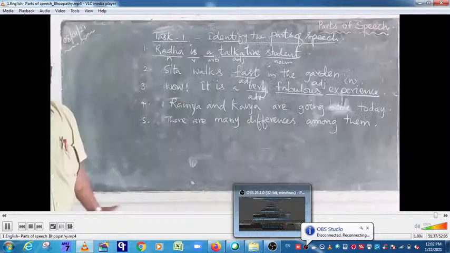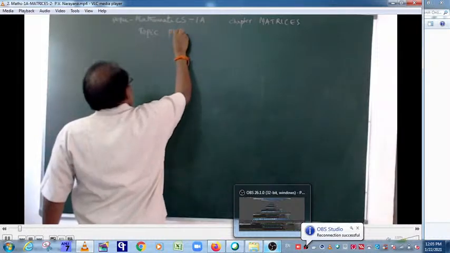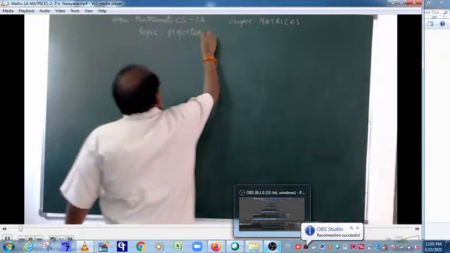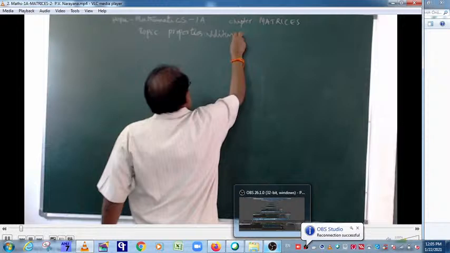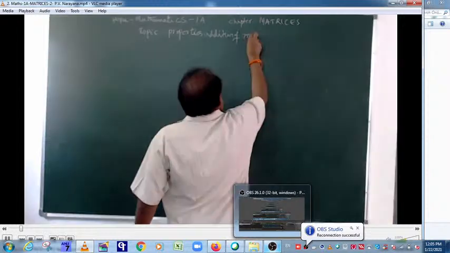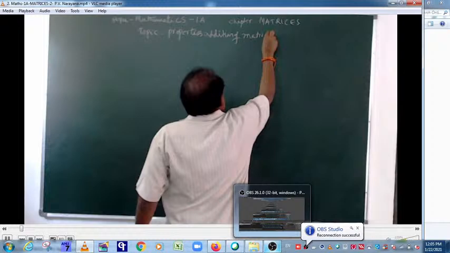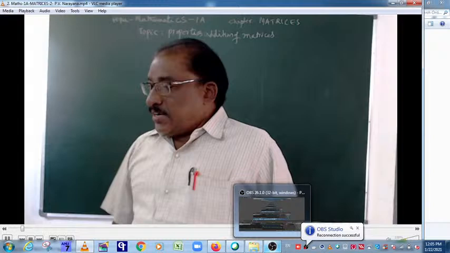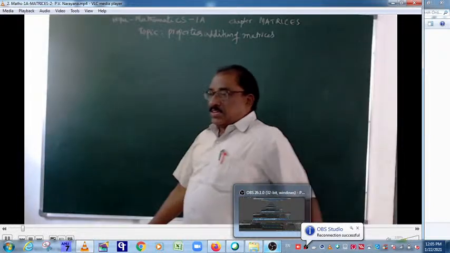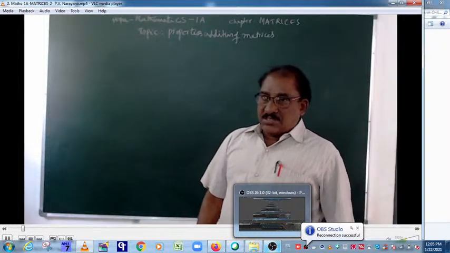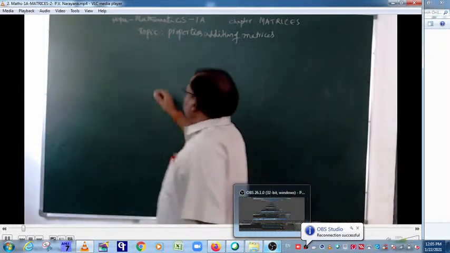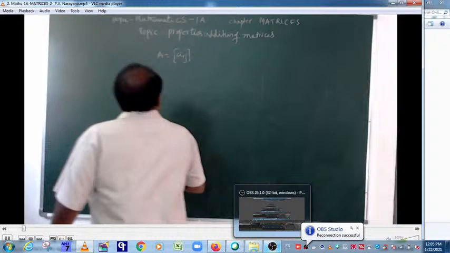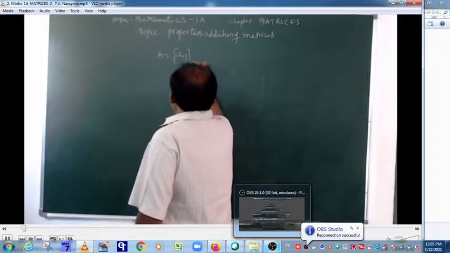Okay. Properties of addition of the matrix. What is the notation of the matrix? The notation of the matrix: capital A is equal to, in square brackets, a_ij, that is m by n.